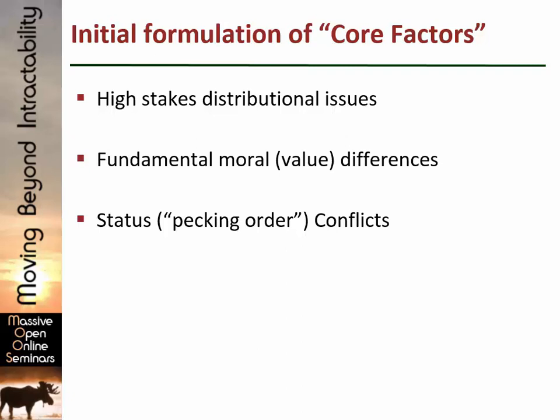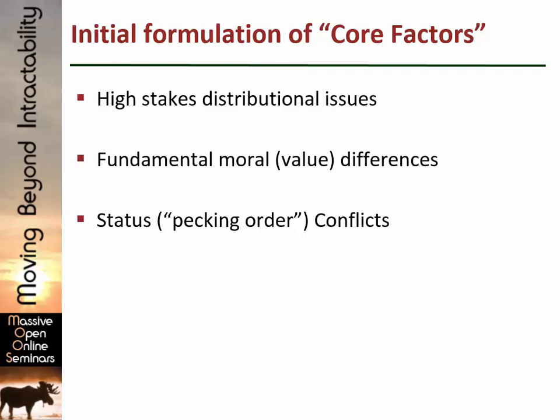Fundamental moral or value differences, where you care deeply that other people at least allow you to live out your values, if not follow your values the way you wish them to. And finally, what I called status, or Guy called pecking order conflicts. Who's on top and who is subservient to the leaders or the elite.